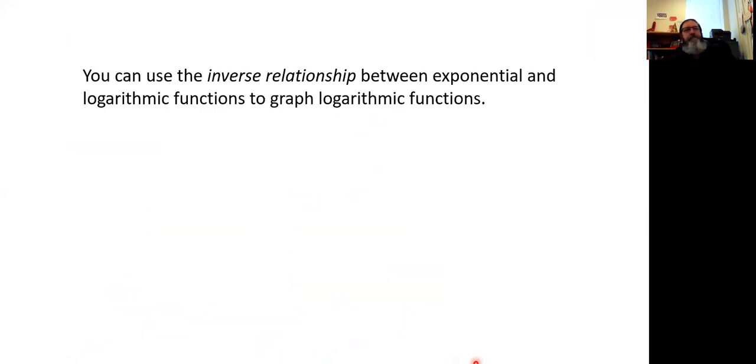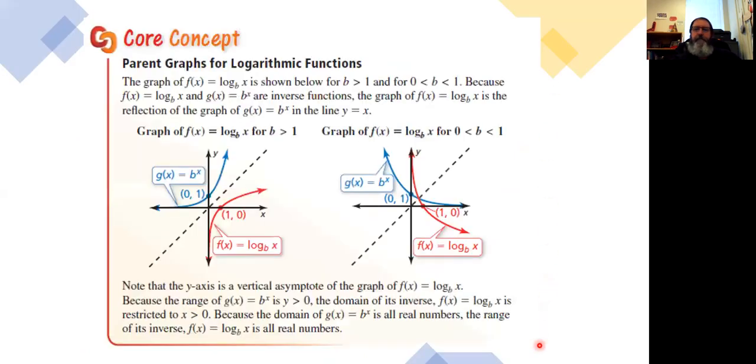Okay, so the last thing I want to talk to you about here is using the inverse relationship between exponential and logarithmic functions in order to graph the log functions. So you'll see this core concept in your book. Here we have the graph of f of x is equal to log base b of x.